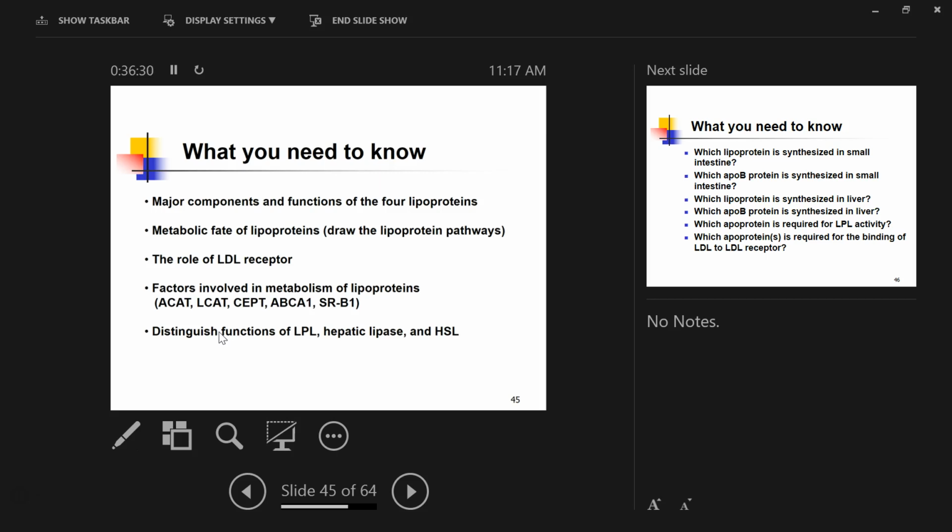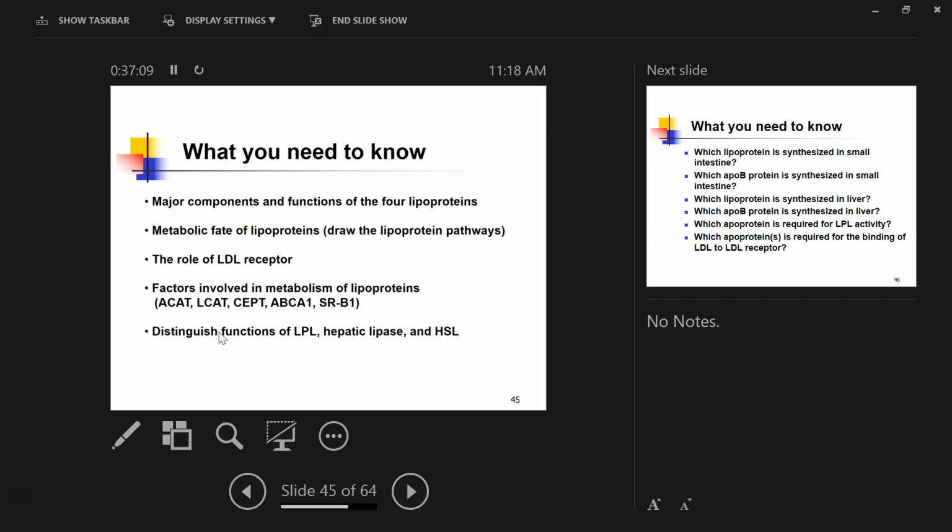And LCAT in the plasma carries out the same reaction. And CETP in the plasma, what does CETP do? Yeah, thank you. So it exchanges lipids, cholesterol ester and triglyceride, between HDL and VLDL, LDL.